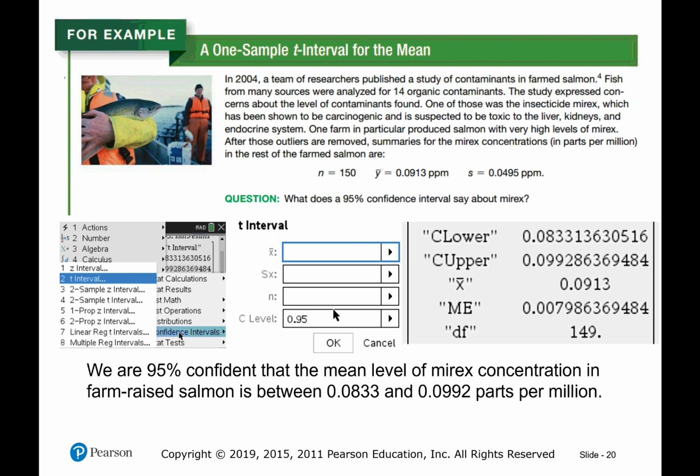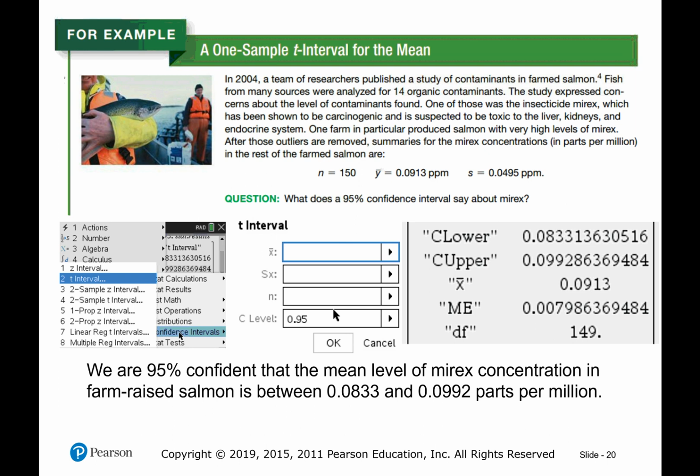One of those was an insecticide called Mirex that has carcinogenic properties and could be toxic to the liver, kidneys, and endocrine system. It's an insecticide that's probably sprayed on land and then gets washed into the water that is used to raise the salmon.